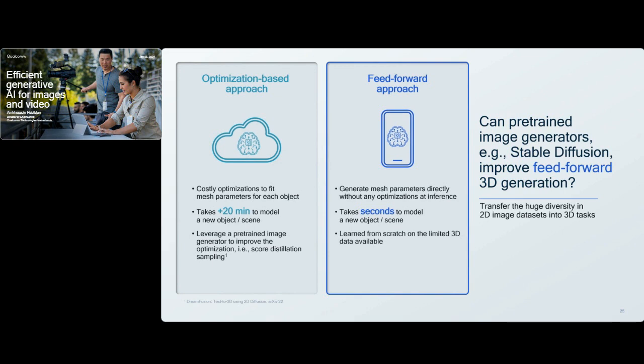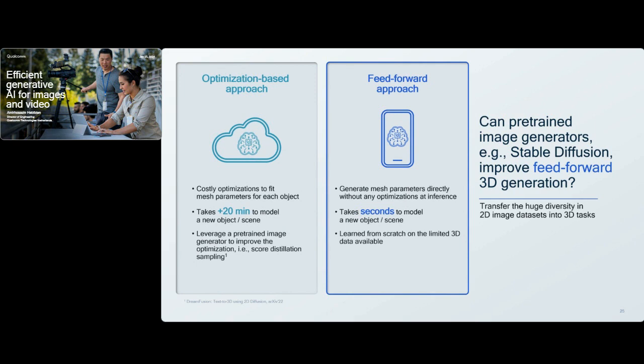And in contrast, feed-forward approaches directly generate mesh parameters without any test time optimizations, using a generative model within a few seconds. And currently, the feed-forward methods lag behind the optimization-based ones in terms of mesh quality.